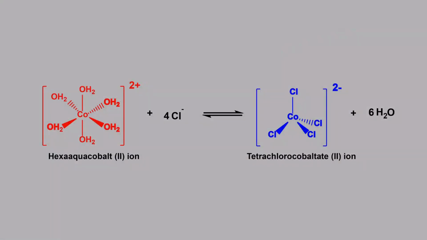When we reacted hexa aqua cobalt 2 ions with hydrochloric acid, which yielded chloride ions from HCl, we got tetrachlorocobaltate ions. The only thing was, when we actually increased the amount of water, i.e. we diluted the solution up to the mark in the volumetric flask, we found the color changed from blue, and the blue color was due to the tetrachlorocobaltate ions, to a purple color.